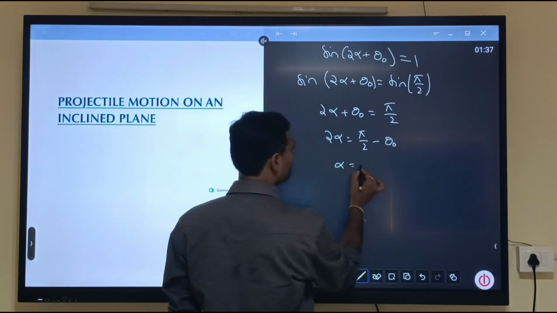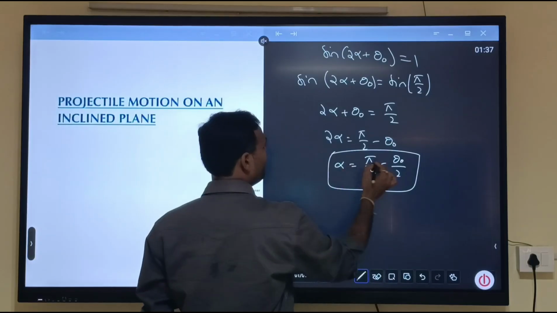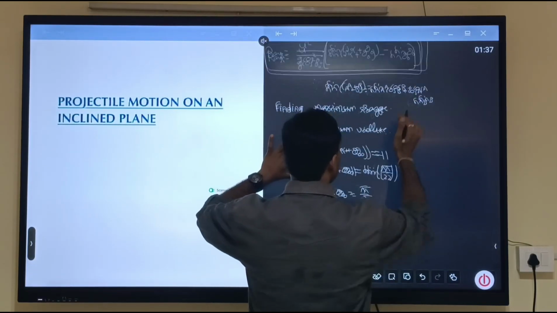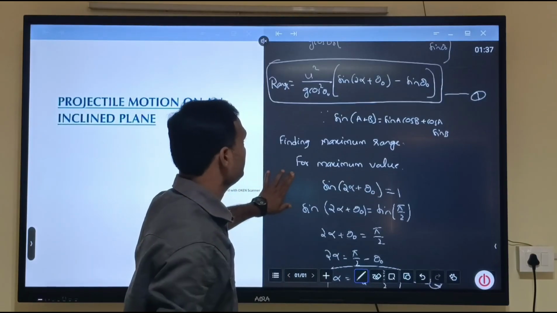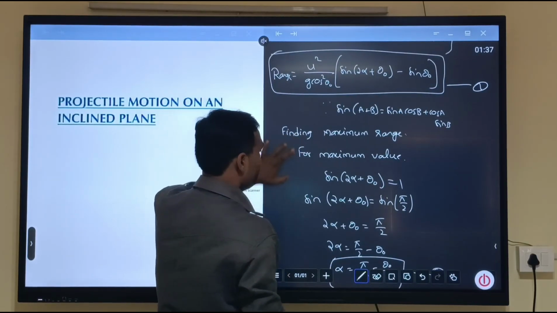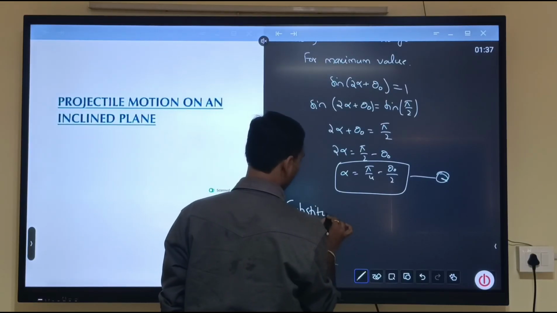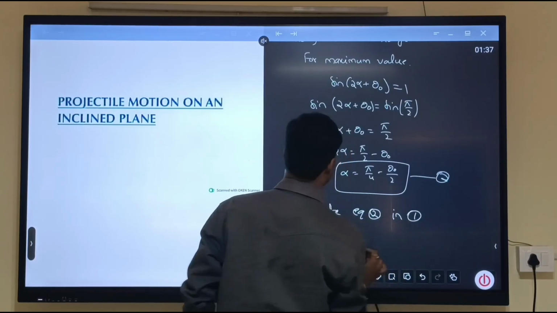Then alpha is equal to pi by 4 minus theta naught by 2. Let it be equation number 2, and the earlier one equation number 1. Now, substitute equation number 2 in 1.